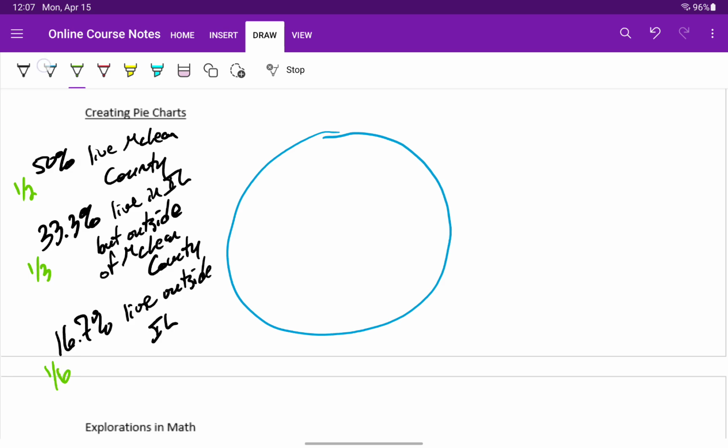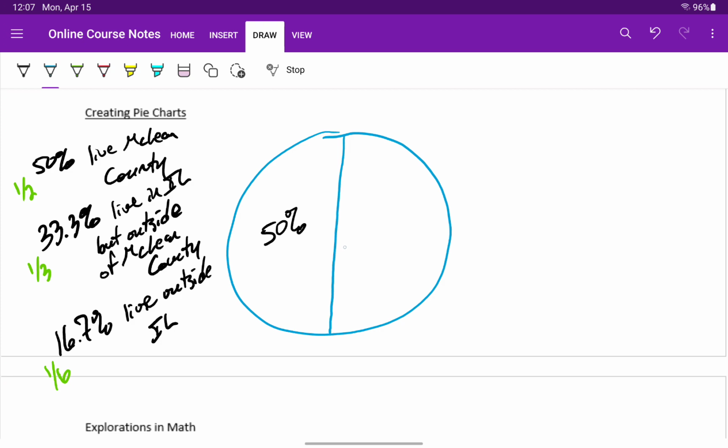So to make our pie chart, we would split the circle up into those different proportions. So first we would cut it in half, and that would represent the 50% of people who live in McLean County in Illinois.